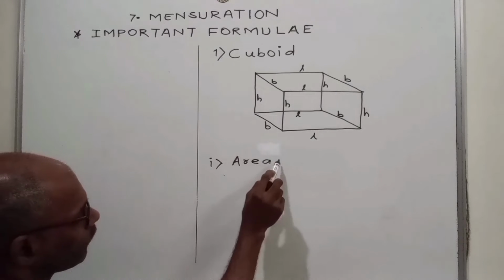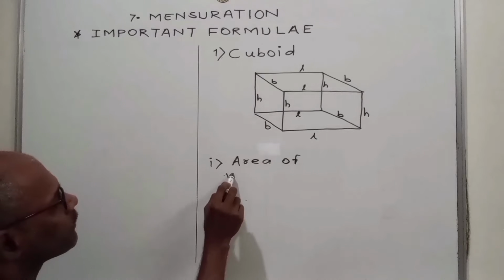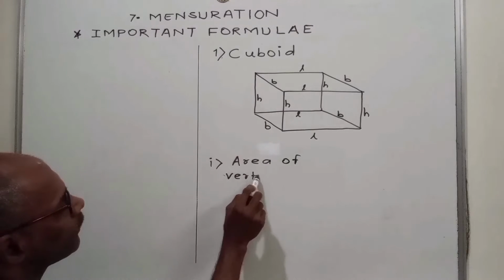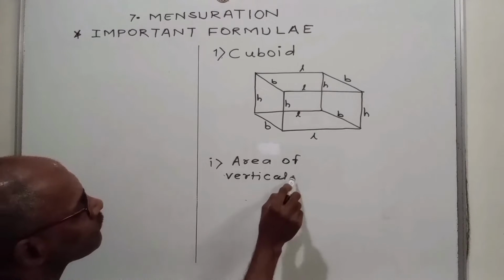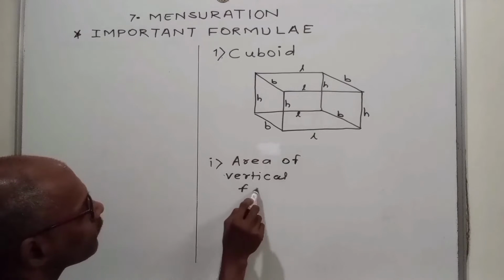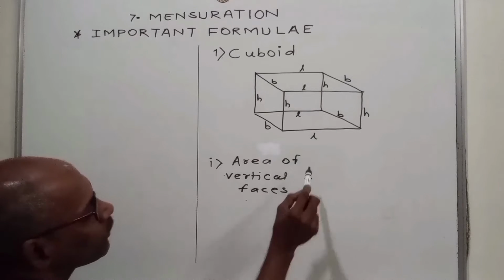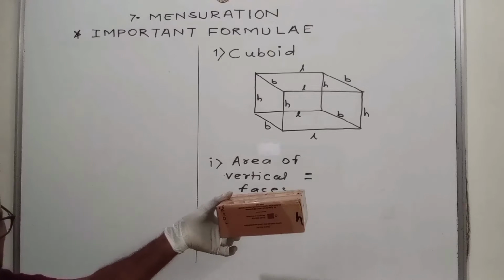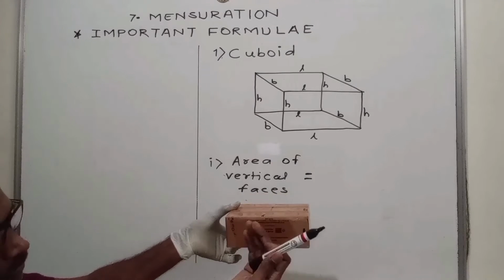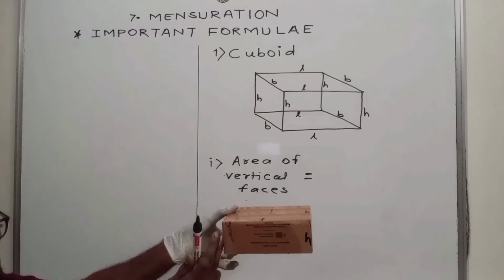Area of vertical faces. Now, area of vertical faces means when we keep it this way, then 1, backside 2, 3, and 4.